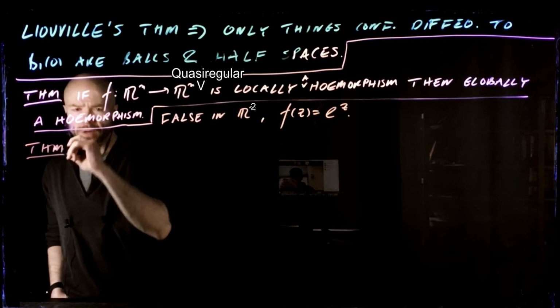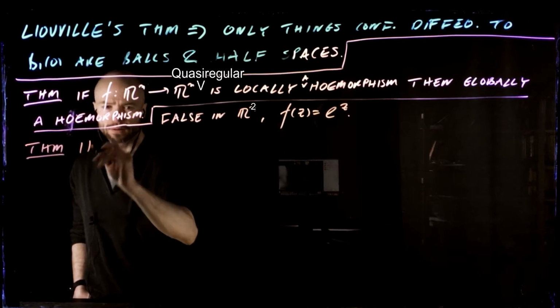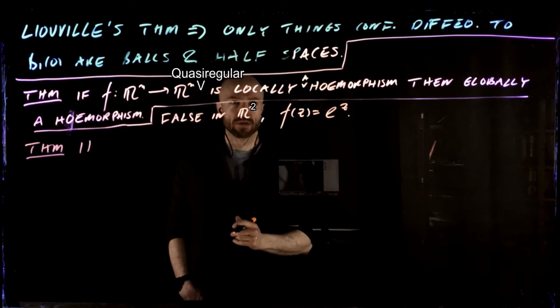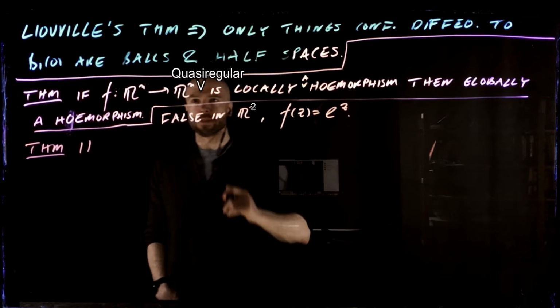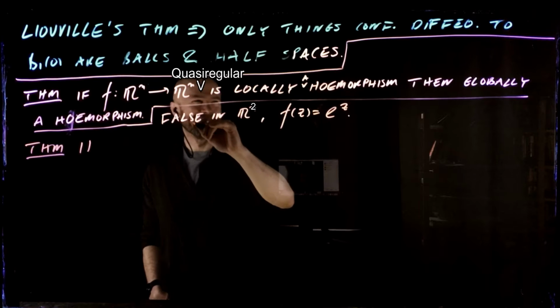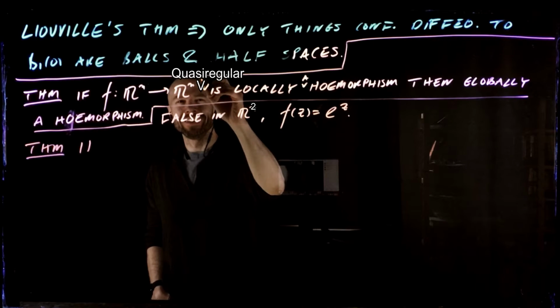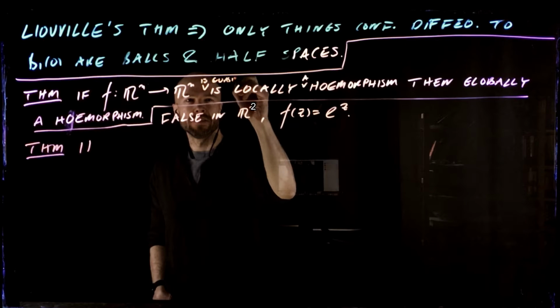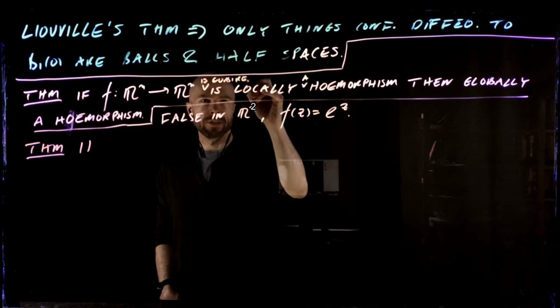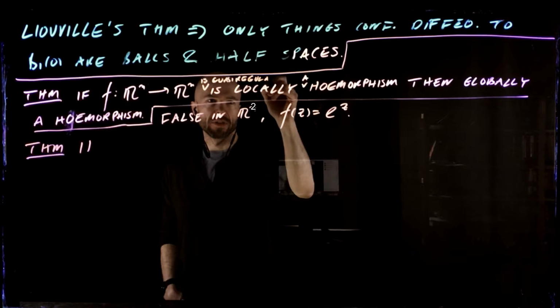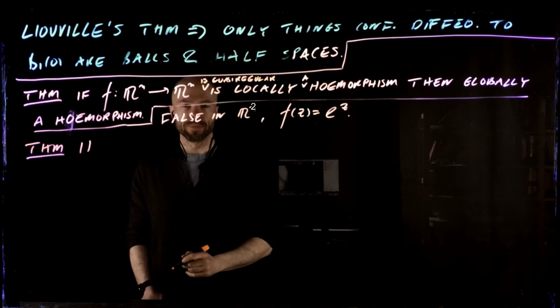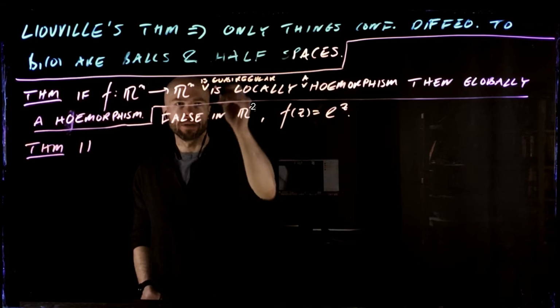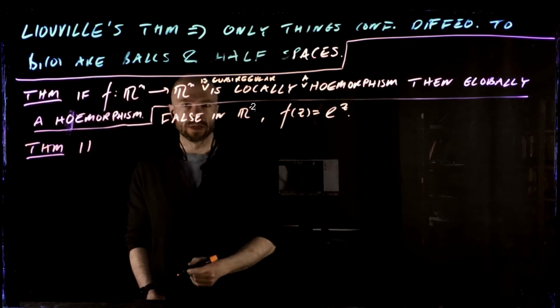It's kind of a local version. Yes, I forgot to write that: if f is quasi-regular. That would be a very strong theorem without that, right? I should probably say K-quasi-regular. I'll do that in the next thing.